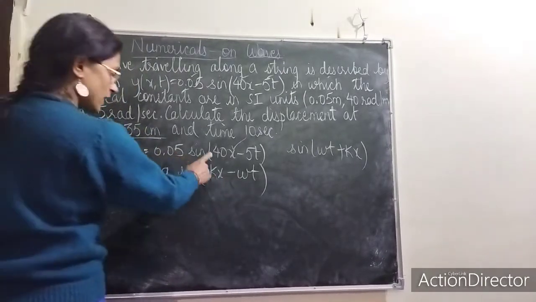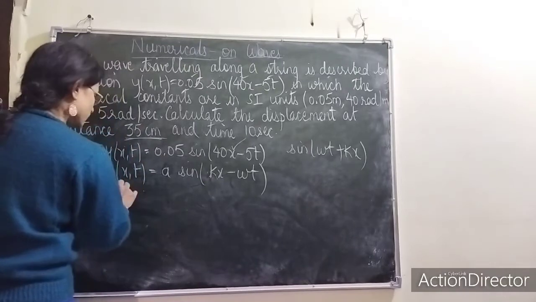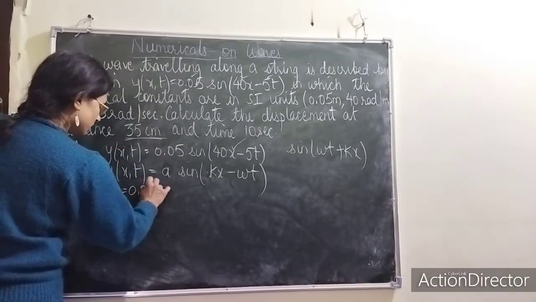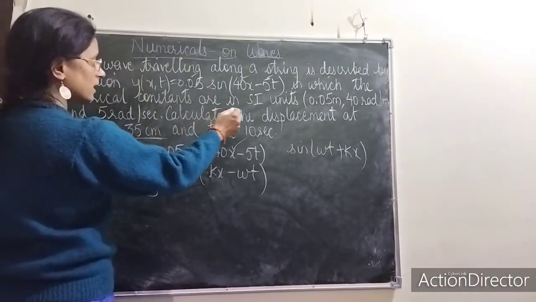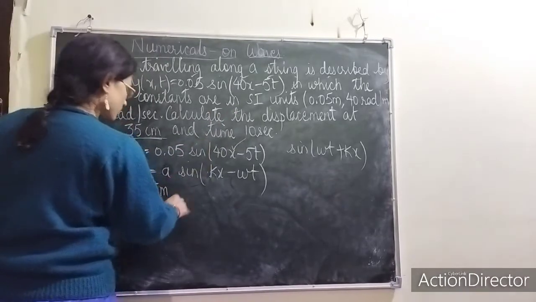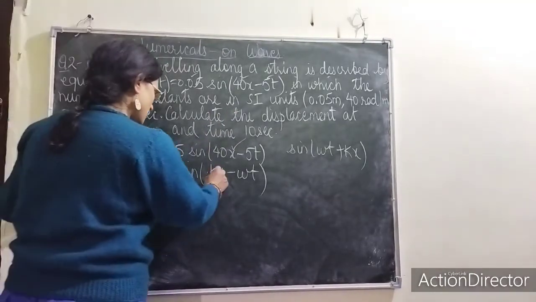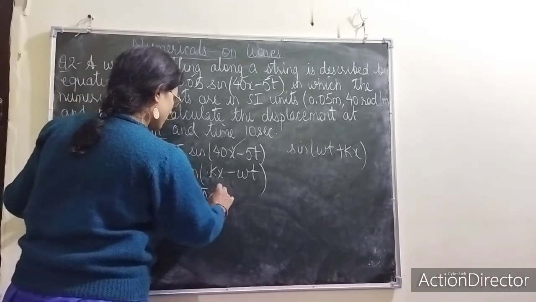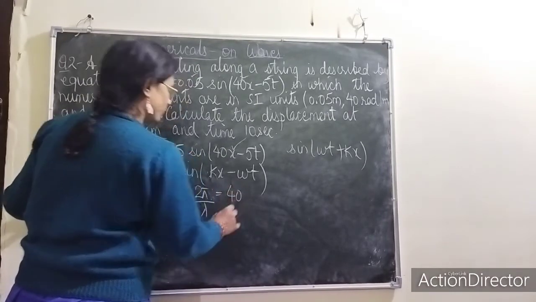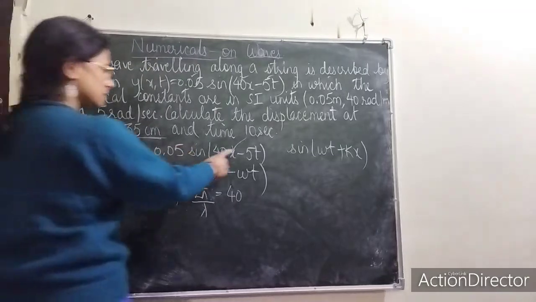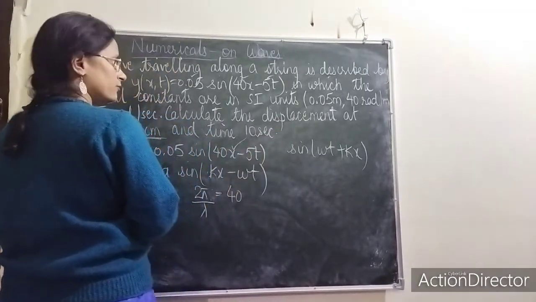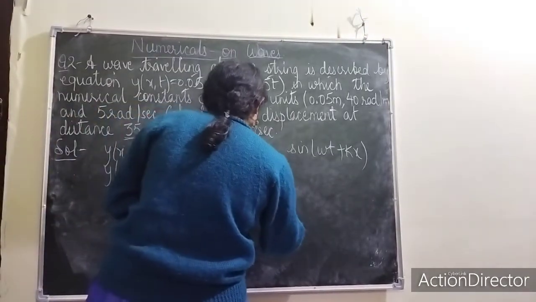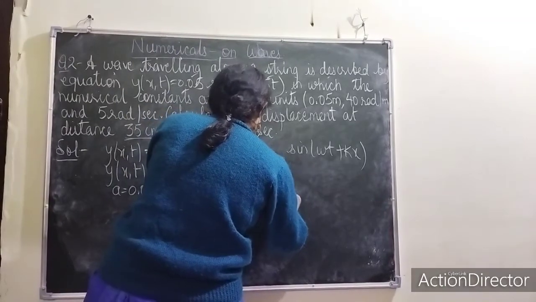So now we will write down the values. The amplitude is 0.05 meter. Now the value of k is 2 pi by lambda, equal to 40, it is given. So now we can find the value of lambda.